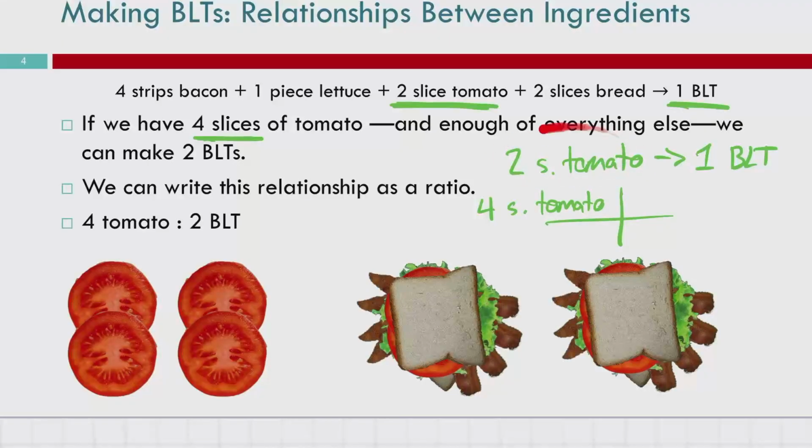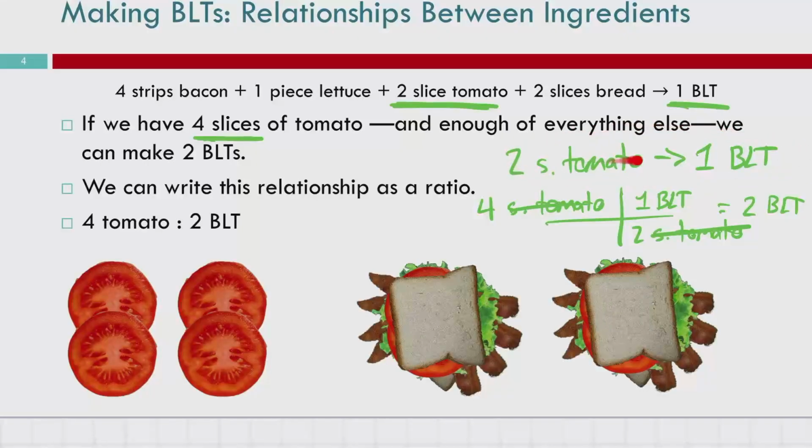If 2 tomato in equals 1 BLT out, that is a conversion factor. So we put 2 tomatoes in, we get 1 BLT out: 2 BLTs. All we're doing is pulling the 2 things that we care about, the tomato and the BLT. We say the tomato is going to turn into the BLT, those are equal, and we can use those to convert.